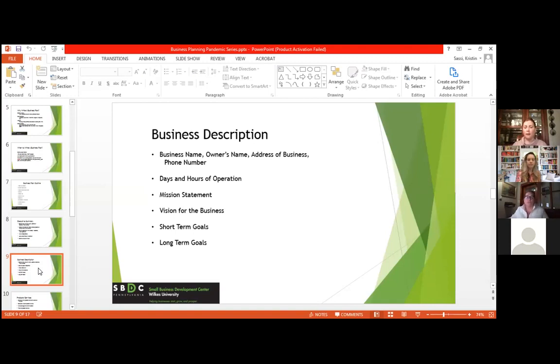And then in this section, you want to outline what your short-term goals for the business are. So maybe at first you're going to seek financing and then provide your products and services, get some type of faithful client base, get some advertising out there. And those are your short-term goals.